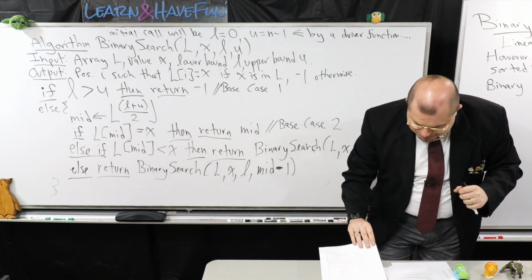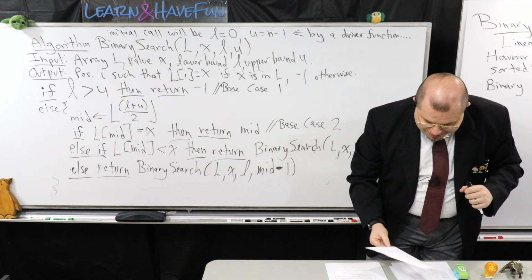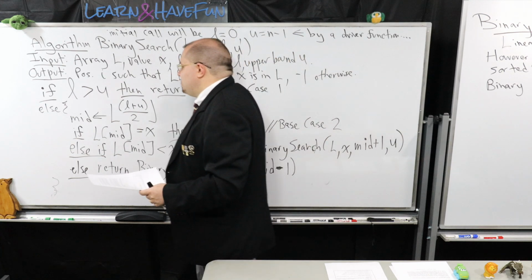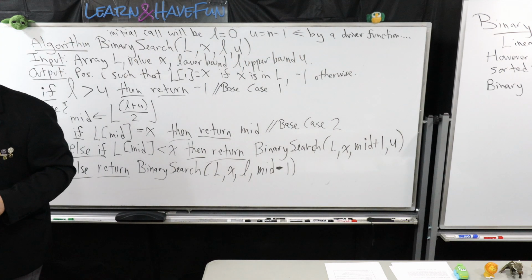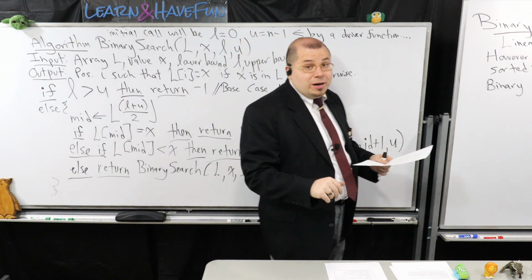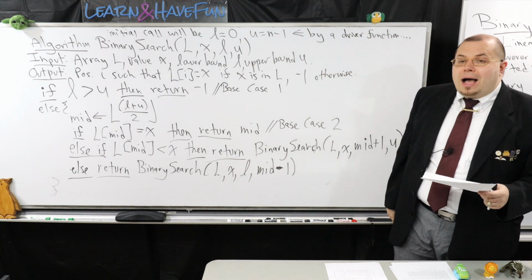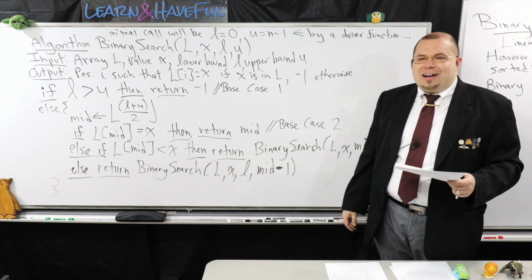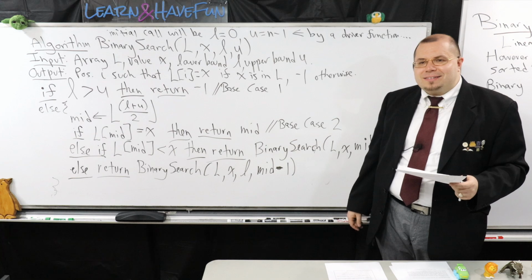But yeah, let's talk a little bit about this. In the worst case, what would be the worst case running time of this algorithm? You may have heard of it. If not, either way, we're going to derive it ourselves. Does anybody know what the algorithm's running time is in the worst case?